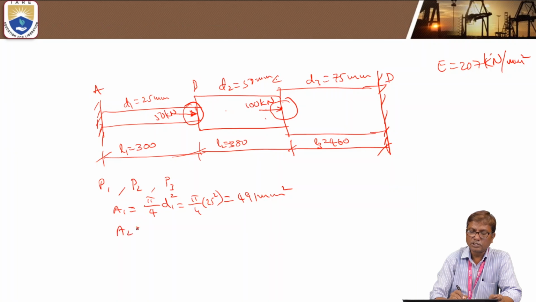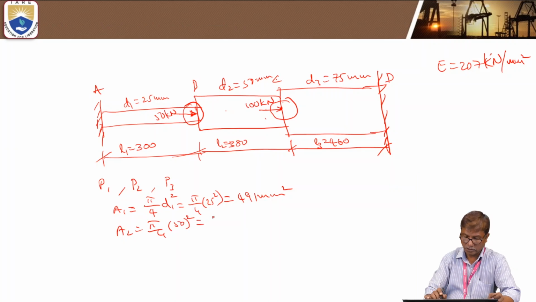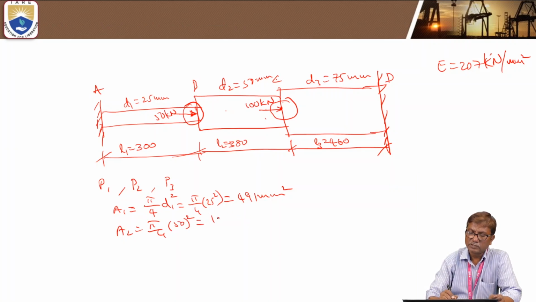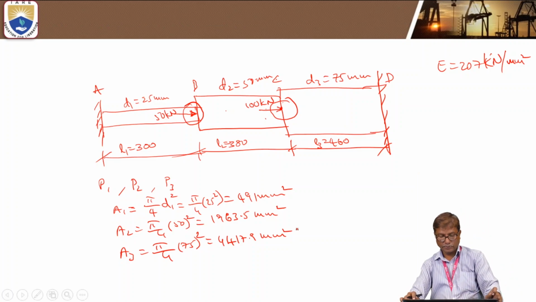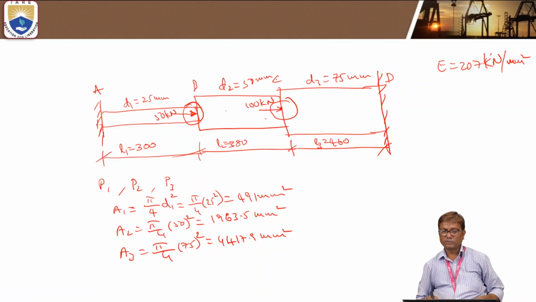A2 is pi by 4 into d2 square, that is 50 square, and its value is 1963.5 mm square. A3 is pi by 4 into the diameter of portion 3, that is 75 square, which comes out to be 4417.9 mm square.